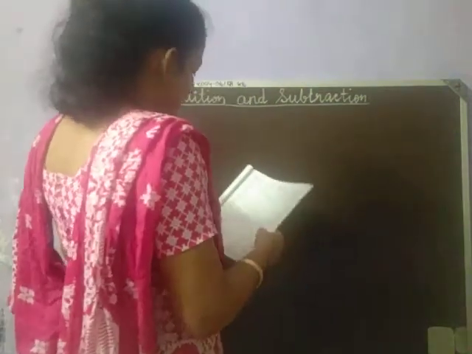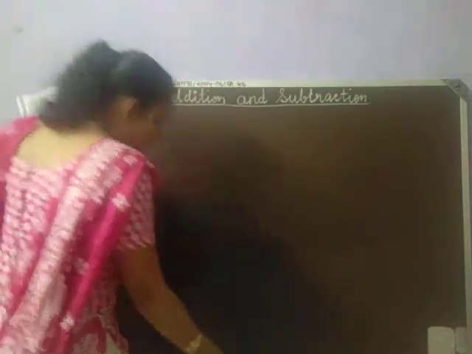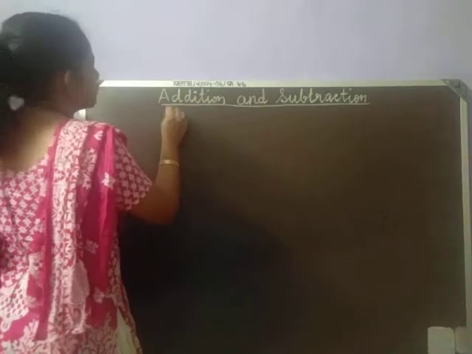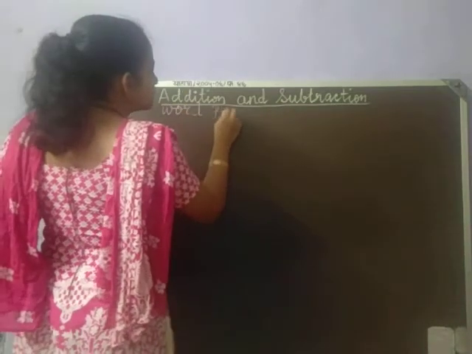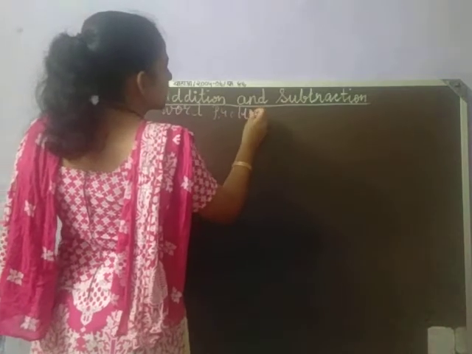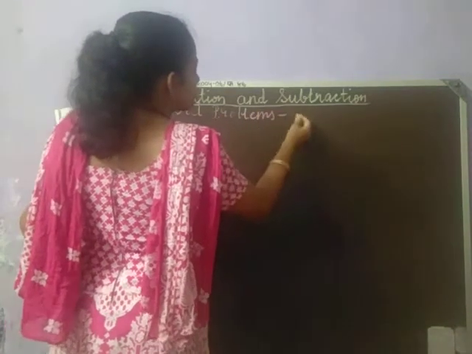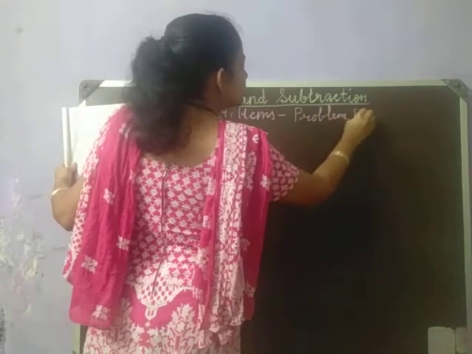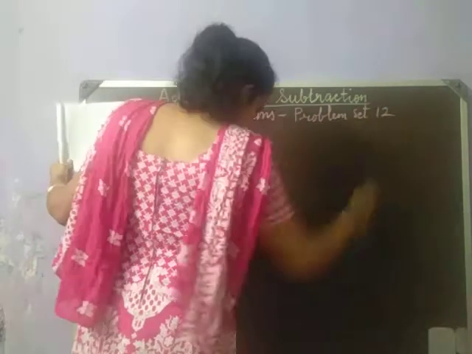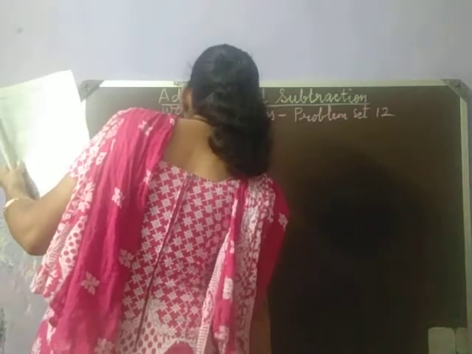Fine. Let us write the amount what he has. Okay. So we will solve word problems now. We are solving problem set number 12. So let us solve the first one.